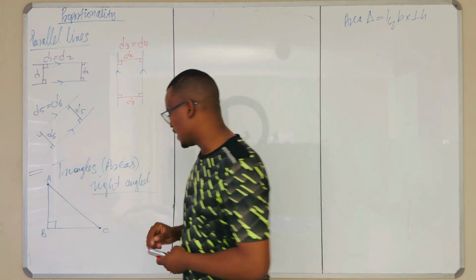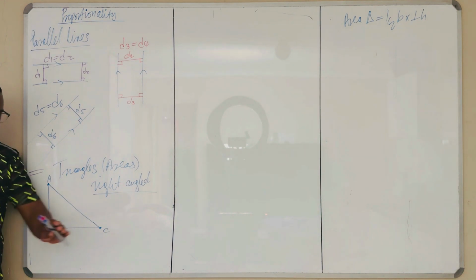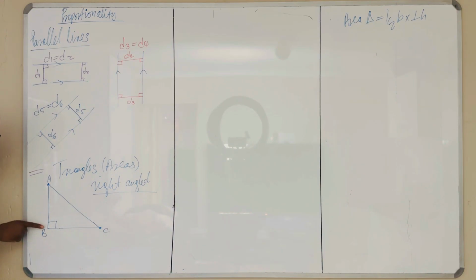Yes. For example, here, what would be the logical answer for your base? Which one would you say is your base here? BC. It's easy to say it's BC because it's sitting with BC. Because that's what you know as the base. The base is whatever your triangle is sitting with. But someone else might want to look at AB as a base. Yes.